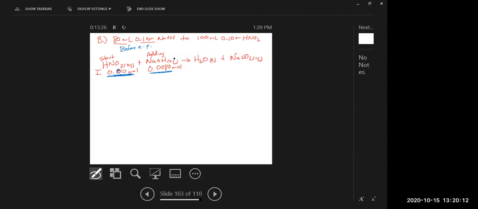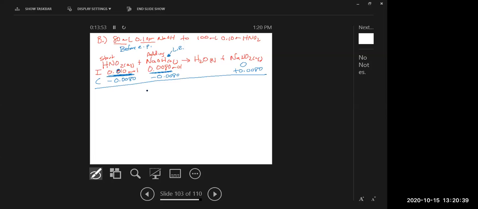Now, we're going to start with 0 here. In addition, because we are before the equivalence point, my sodium hydroxide is the limiting reagent. And that will also be the change that I will have. So this would be minus 0.008, minus 0.008, and plus 0.008.